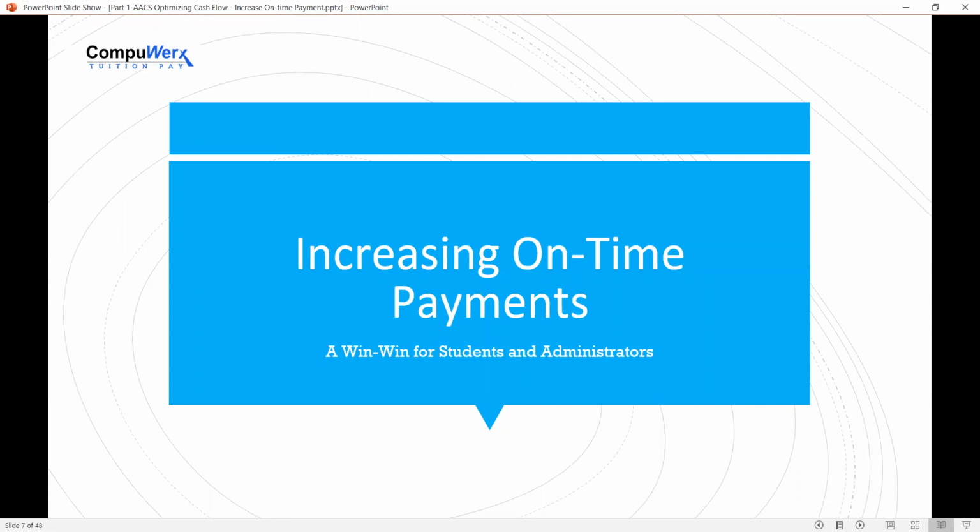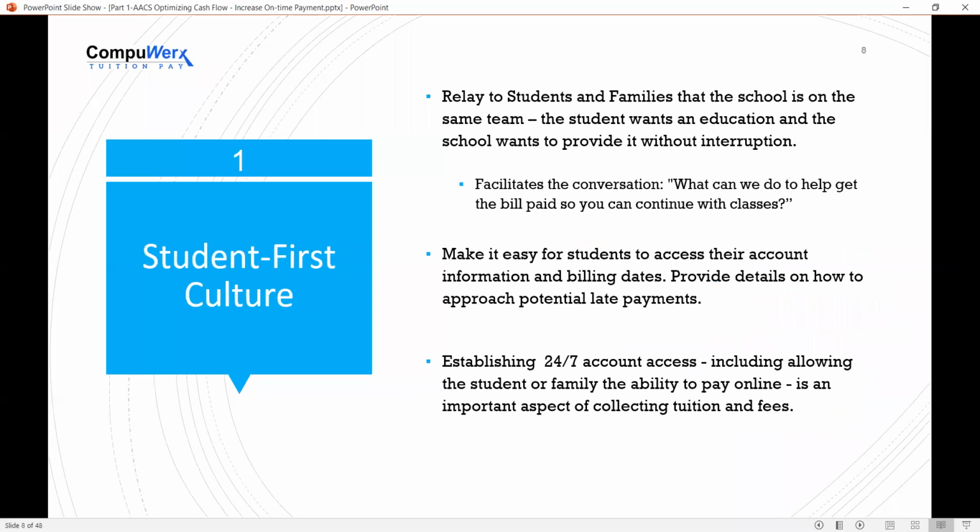Well, let's talk about how to increase on-time payments, which is a win-win situation for both school and students. First, we want a student-first culture. Talk to your students at the beginning of school, explaining that the school is on the same team as your students.